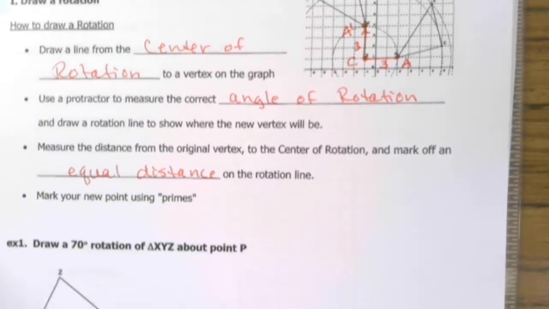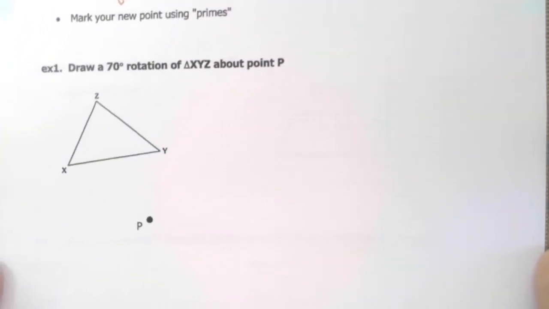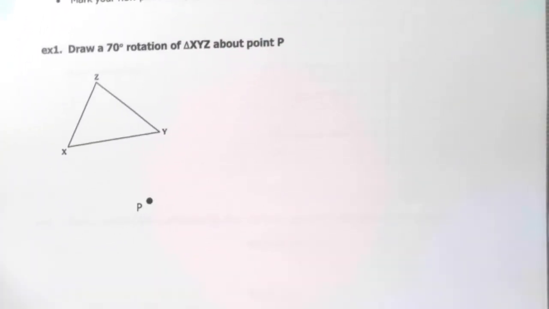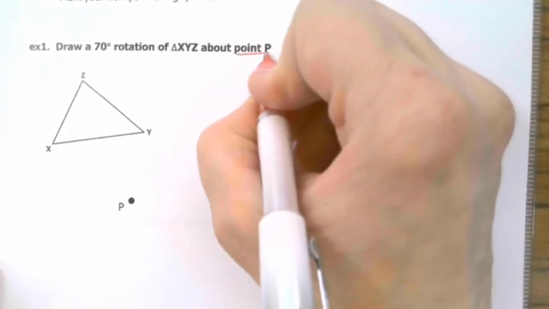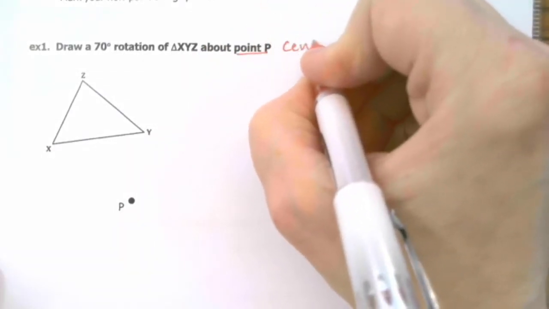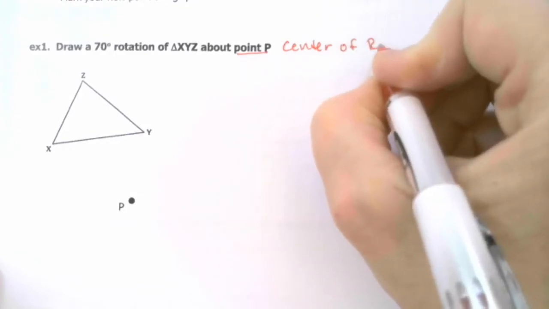Now let's try it with a figure that's floating in space. We are going to draw a 70-degree rotation of triangle XYZ about point P. And the word about is how you know that point P is your center of rotation.